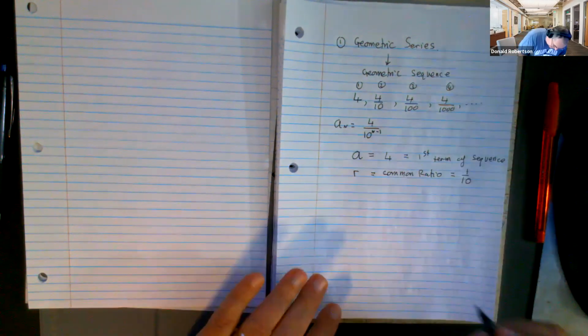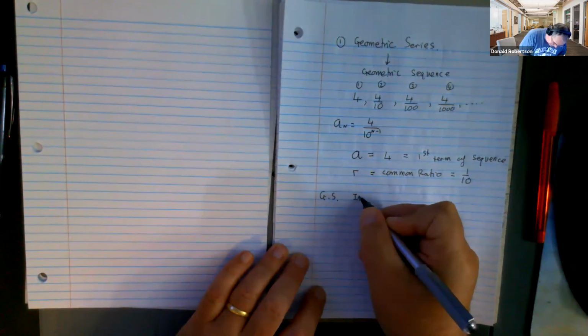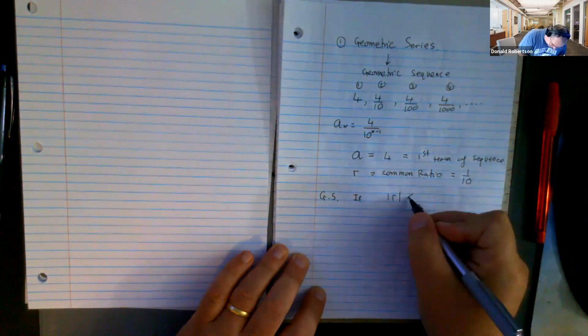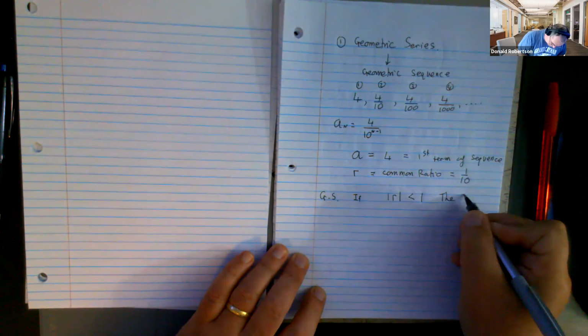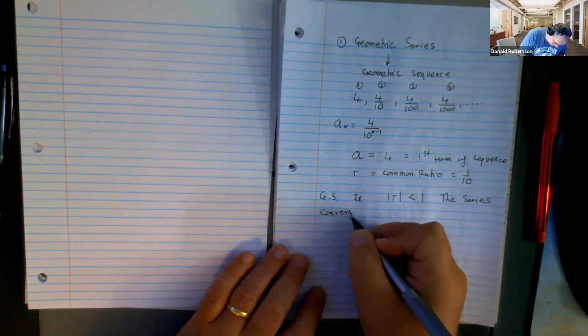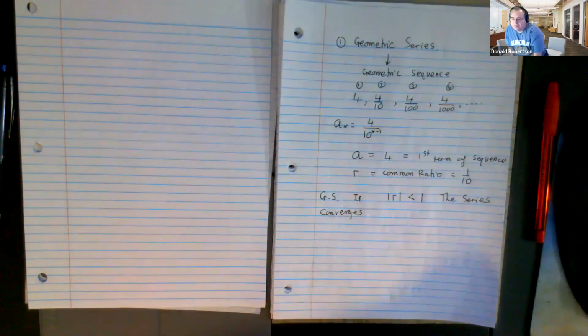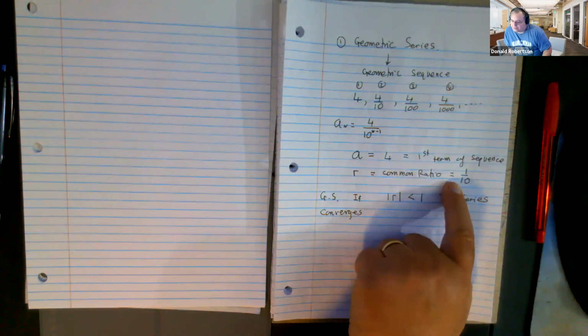Now, in a geometric series, GS for short, if the absolute value of the common ratio is less than 1, the series converges. Now, in this case here, would you agree that the common ratio is definitely less than 1?